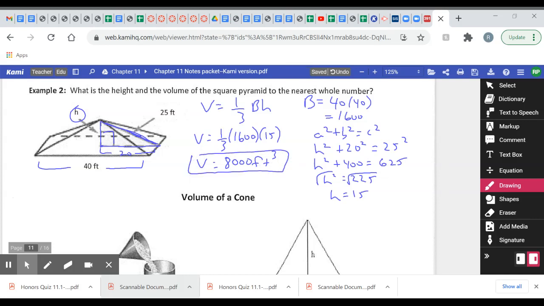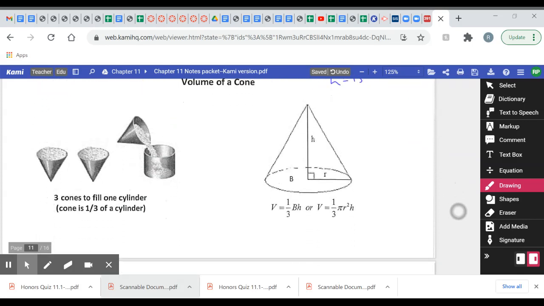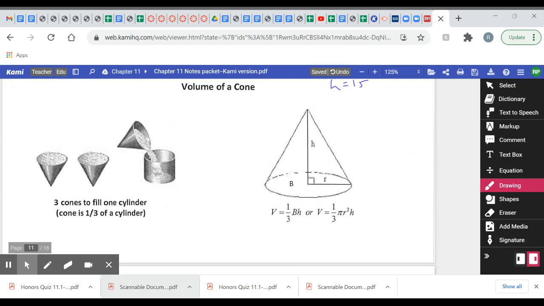And there we go. All right, if you look down at the bottom of this page, it's showing you, again, where the formula of the cone comes from. It's showing you that if you have a cylinder and you have 3 cones that have the same shape base, the same radius of that circle base, and the same height as the cylinder, then it would take 3 of those cones to fill up the cylinder.